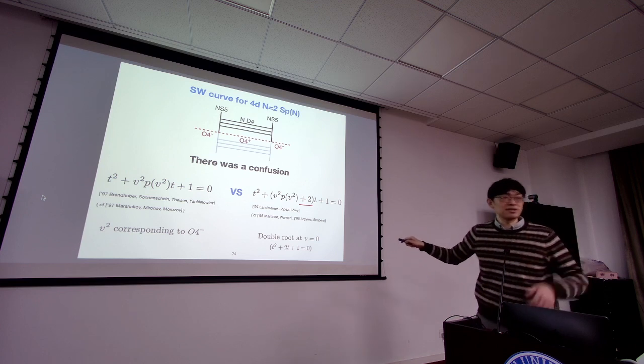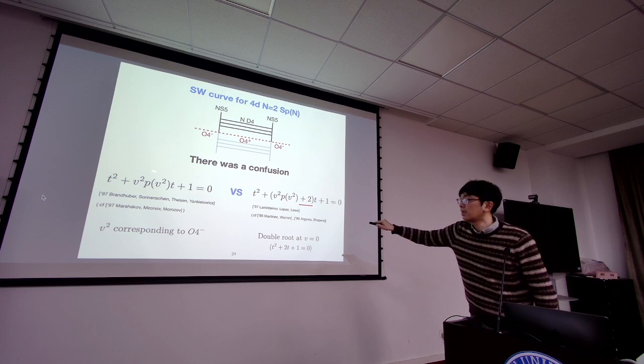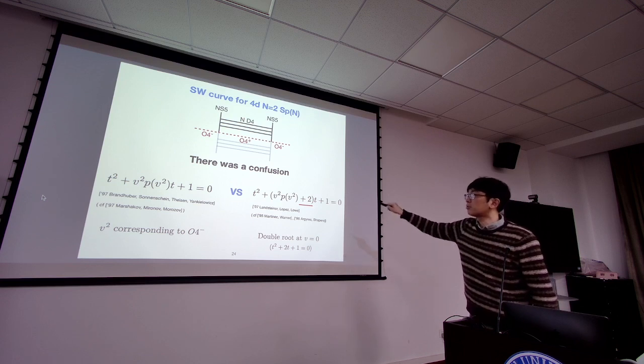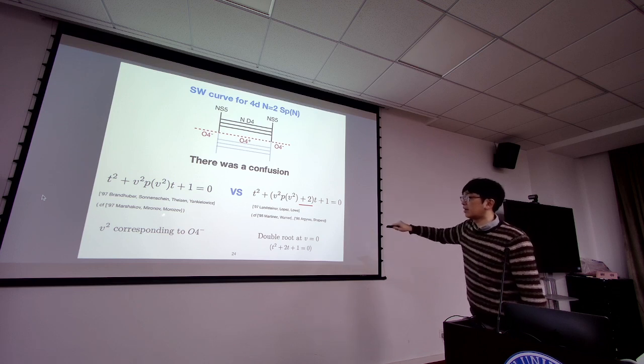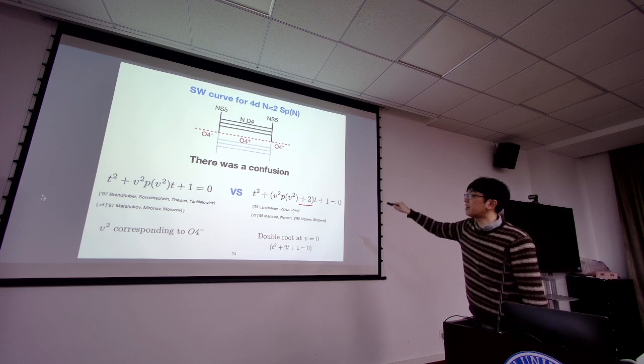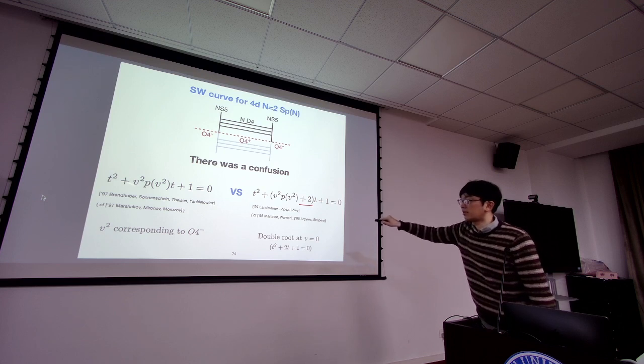although I cannot completely justify it, the roots of this part, the coefficient in front of t, correspond to the positions of the D5 branes, and at the position of O4 plus, we can treat it as if there is an extra D4 brane. So b equals 0 should also be a solution, and they introduce this factor.